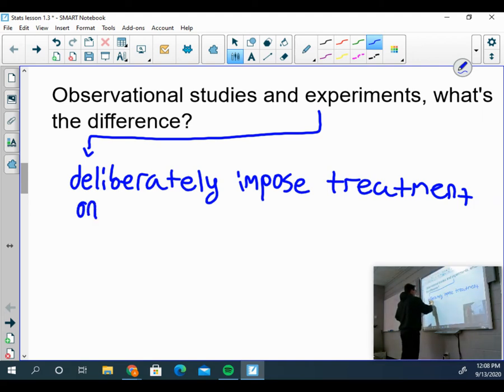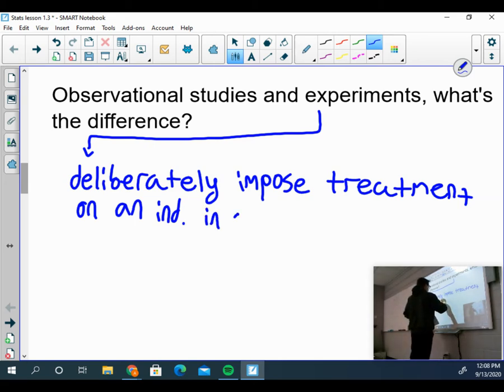on an individual. And notice here, please, individual and object are interchangeable here, depending on if you're working with human beings or not. So a treatment deliberately imposed on individuals in order to observe a possible change.